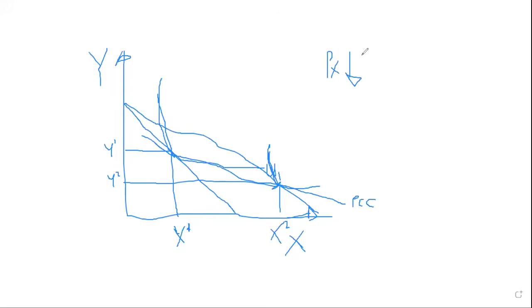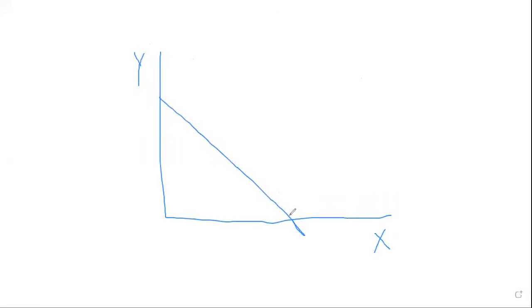Now let's get the price consumption curve when they are complements. So this is X, and again, this is Y. Let's get our budget line and our initial equilibrium.